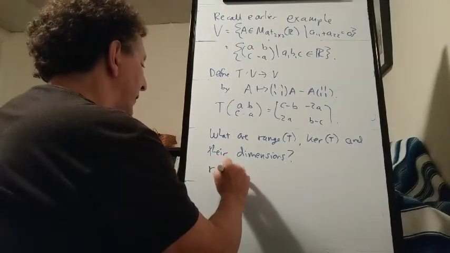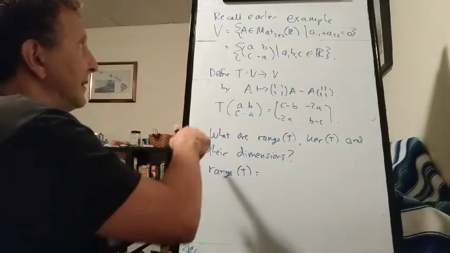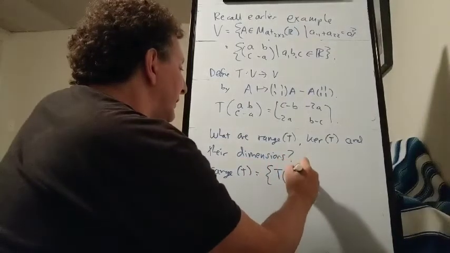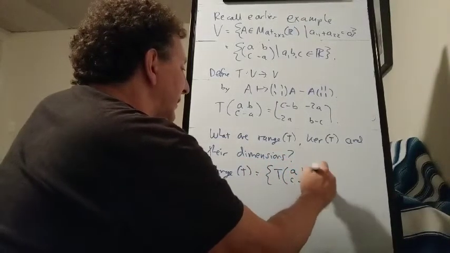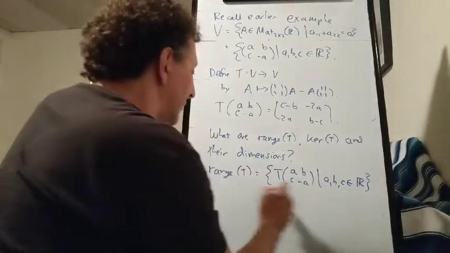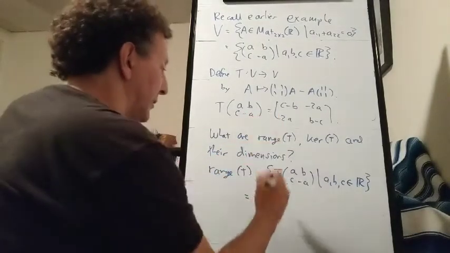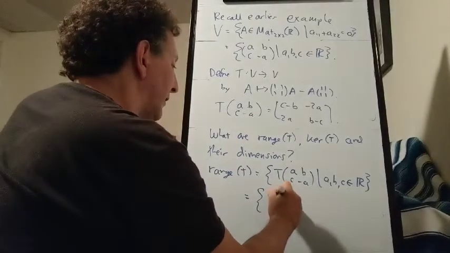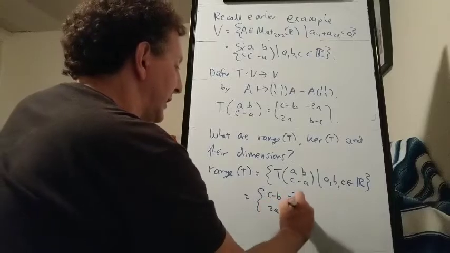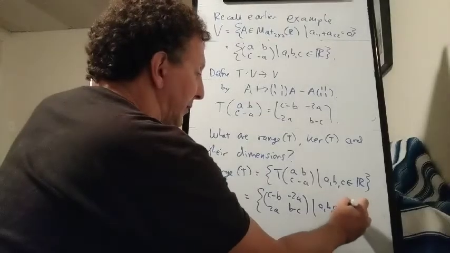Well, the range of T is all the things we get by applying T to elements of the vector space. So it's all the T of [a, b; c, -a], where a, b, and c are real numbers, which is all the matrices of the form [c - b, -2a; 2a, b - c], where a, b, and c are real numbers.